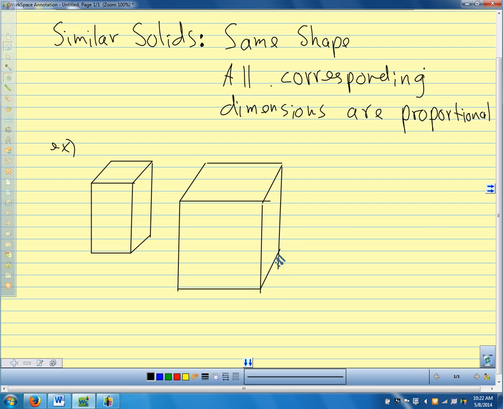I said these were boxes. What was our mathematical way of saying box? Rectangular prism. So we have two rectangular prisms. The dimensions here are 8, 3, and 5, and 10, 4, and 7. And we want to know, are they similar?